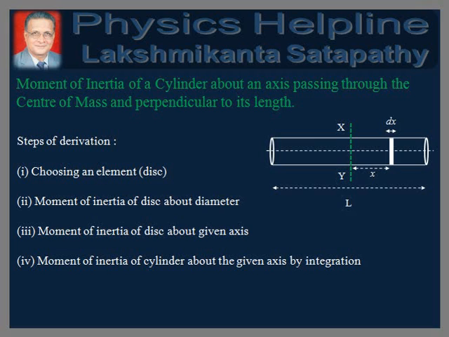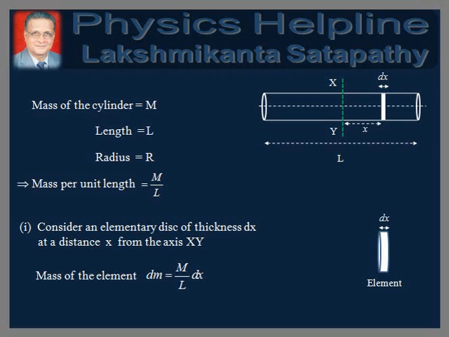Then we find the moment of inertia of the disc about the given axis using the theorem of parallel axis. Finally, we integrate the expression between suitable limits to obtain the required expression. Now we will follow the steps.